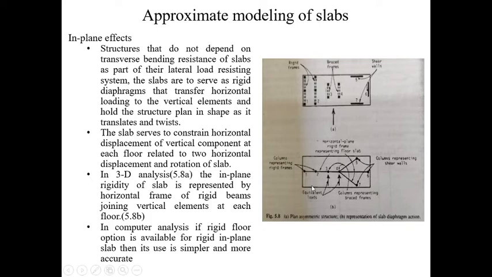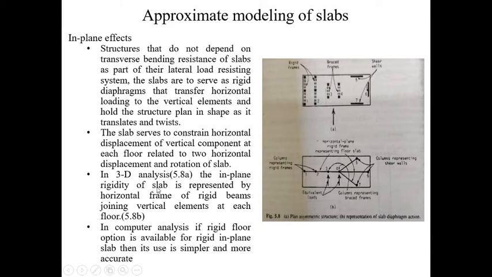So due to the horizontal or lateral loading, the slab will see that the horizontal displacement of the vertical components, that is the columns and all, does not take place independently at each floor. That is related to two horizontal displacements and the rotation of the slab.